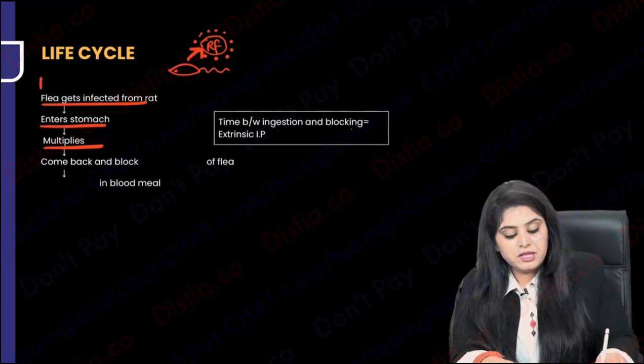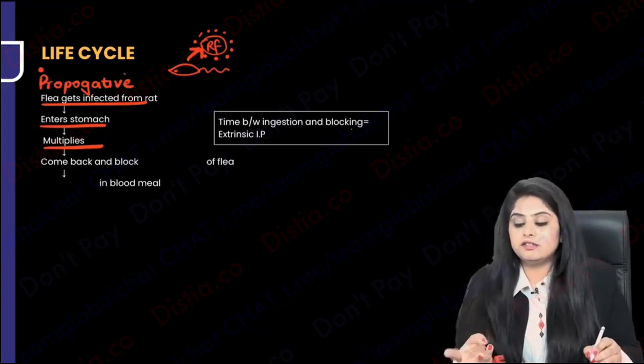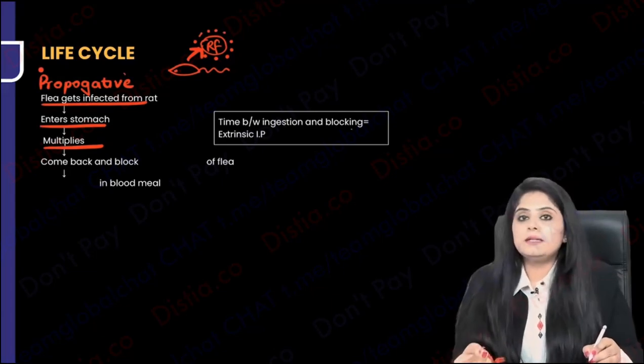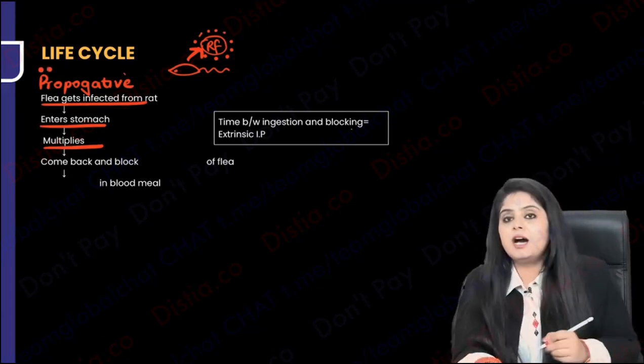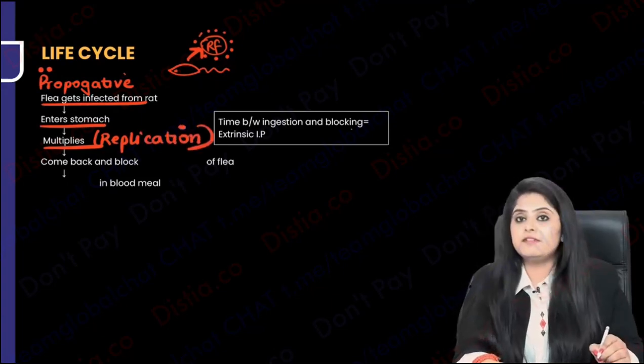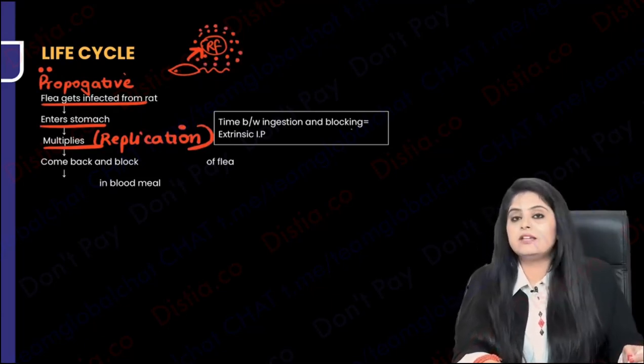So this happens to be a propagative vector. We studied that vectors are of two kinds: either the organism develops in them, or the organism multiplies in them. Propagative are those in which there is replication. So the rat flea is a propagative vector in which I can see multiple plague organisms formed.